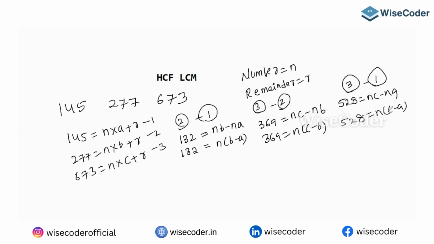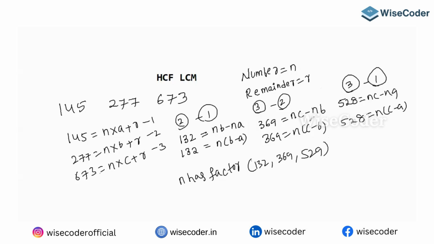Guys, if you look at it here, definitely n has to be a factor of 132, 369, 528, because n into something is going to be 132. There is no remainder that will come into the picture, so it's all about a number.